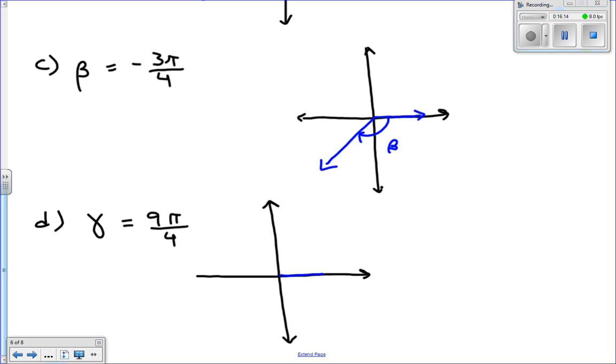So we're starting along the positive x-axis, and we're going to do a full rotation plus 1/4 of a pi more, and there's gamma. Okay, and this little coil shows the direction of the rotation. It shows that we've gone all the way around once and 1/4 pi rotation further.